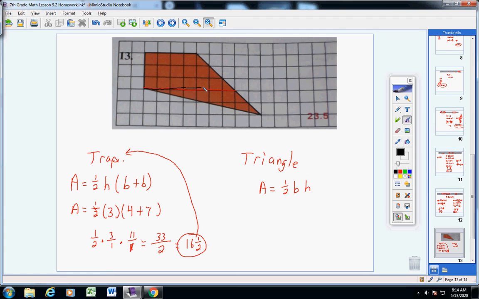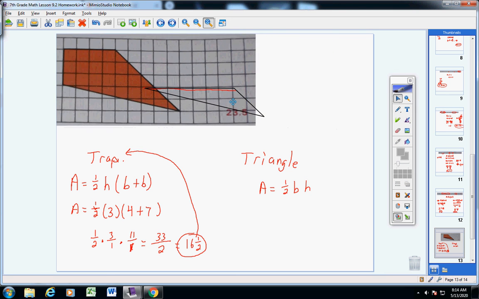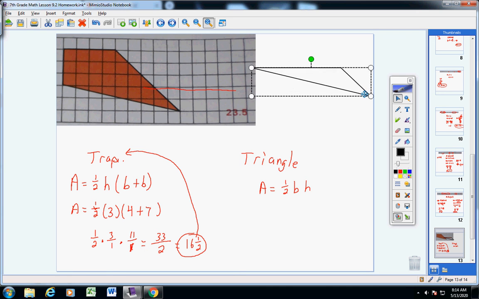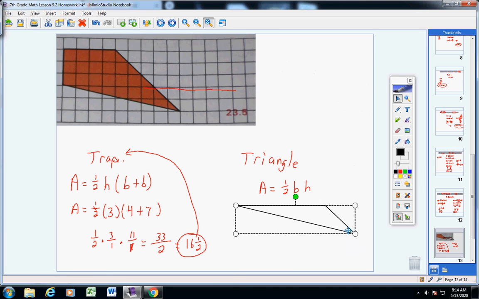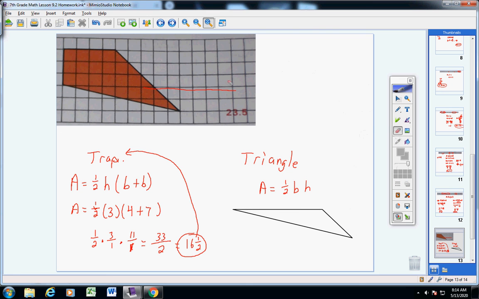So I think it would be best if we pull this triangle out off to the side here and talk about it for a second. There's the triangle right there. Put it down here. Okay, now we need the base and the height.